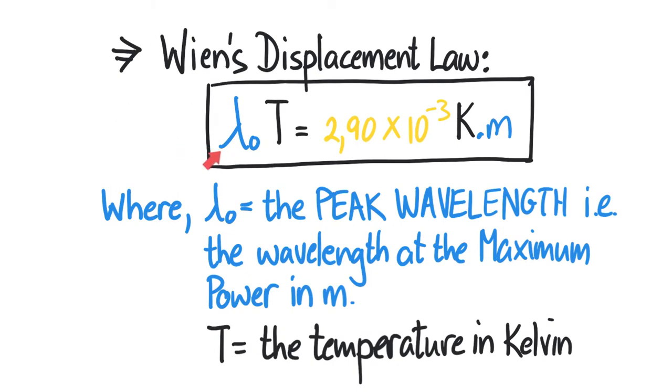We're not going to look at the derivation of it, but basically it says that lambda 0, where lambda 0 is the peak wavelength at which the maximum power in the spectrum is found, and notice that the wavelength will be measured in meters, multiplied by the absolute temperature of the black body, gives us 2.90 times 10 to the negative 3 Kelvin meters. If you do unit analysis, the wavelength is in meters and the absolute temperature is in Kelvin, so these two quantities multiplied together give units of Kelvin meters.